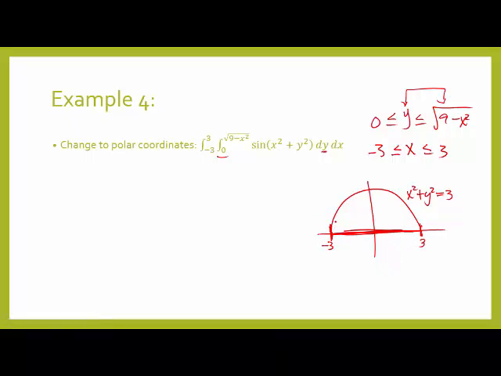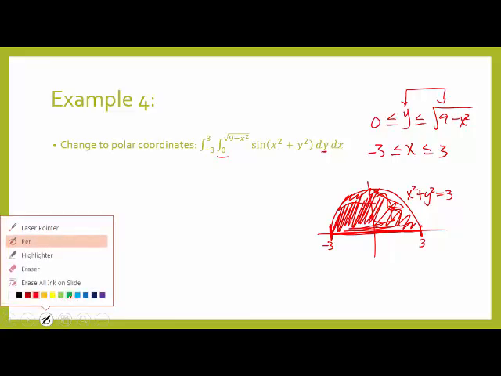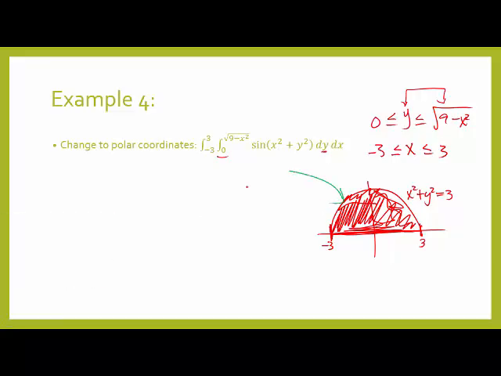So it looks like it would make sense for this to be the region, the top half of the disk of radius 3. Now that you know that, let's see if we can transform this into polar coordinates. I would probably have a hard time getting my polar coordinates just by looking at the limits of integration. I actually need to draw it out to see what's going on.